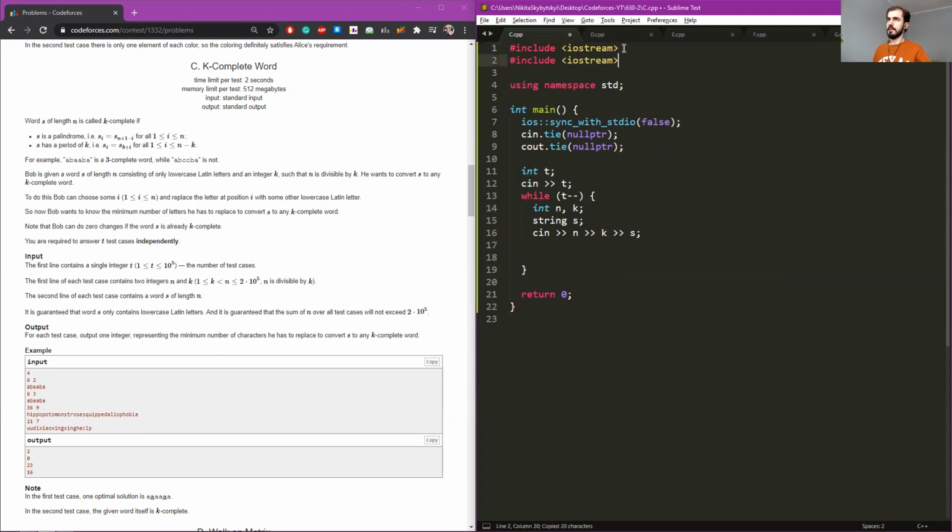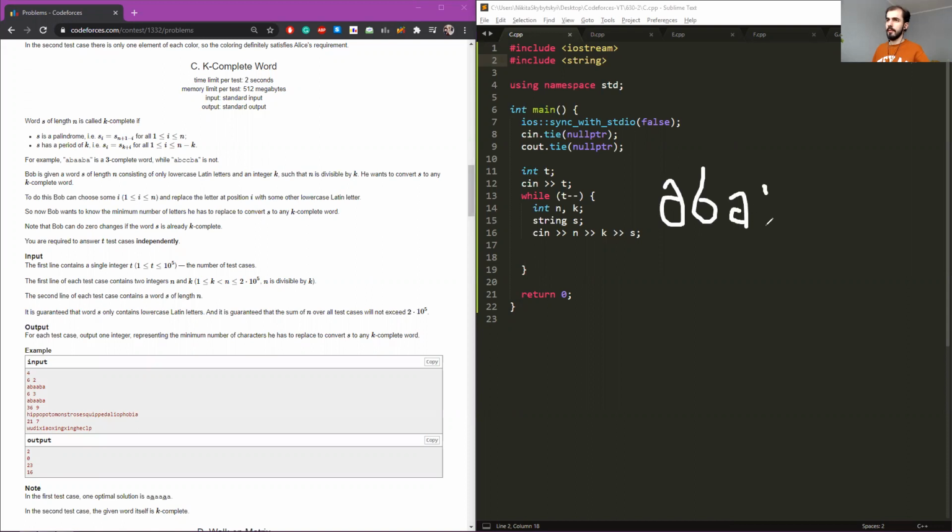We'll also need something like string. Wait, let's see. Example, no, that's small. For example, we have like A, B, A, B, A, but we want to convert to a period of 2, right?